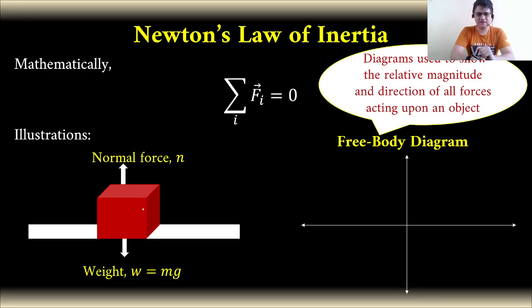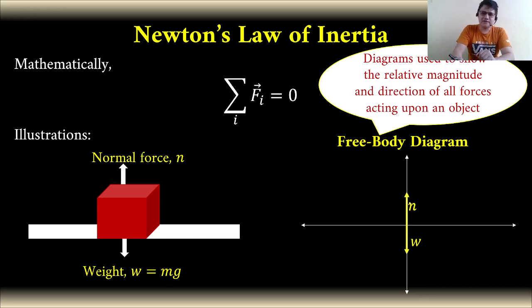If the box is not moving and just lies flat on the surface, there are two forces acting on it. We have the weight and the normal force. The weight points downward, and the normal force points upward. So you just have to draw these forces in our free body diagram, just like this one.